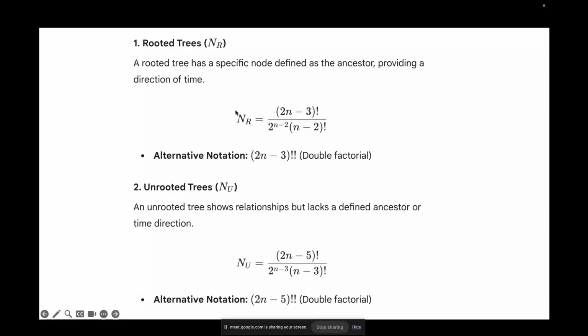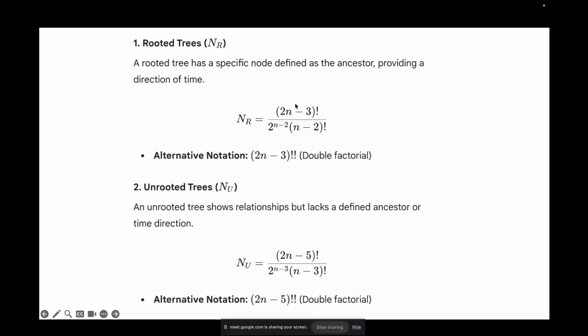For rooted trees, this is the formula, and if you just divide it, it becomes 2n minus 3 double factorial. The double factorial means that you multiply alternately. So you do not do n into n minus 1, n minus 2, n minus 3. You don't do it like that. You do n, n minus 2, n minus 4, n minus 6, and so on till 1.